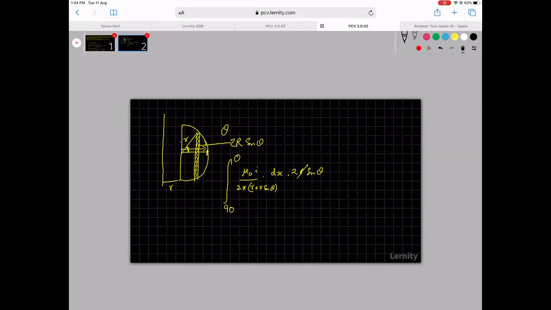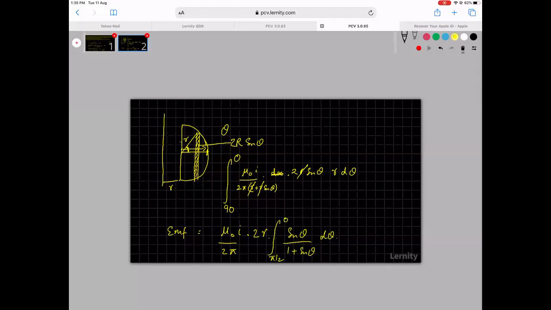So I can take the R and cancel it. dx is equal to R d theta. So EMF is equal to mu naught I by 2 pi, into 2 in the numerator, into R in the numerator, sine theta by (1 plus sine theta) d theta, the integral from pi by 2 to 0.